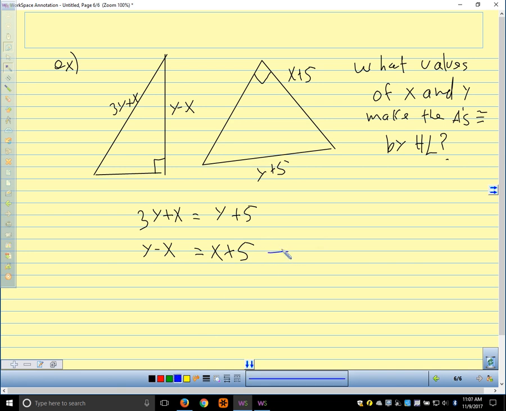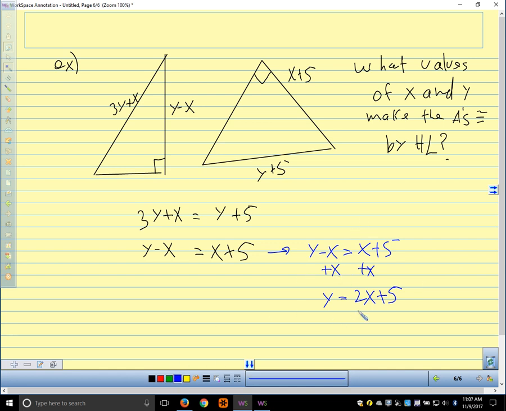So I would choose, if I were doing this one, just because there are no numbers in front of the x's and y's in this equation, I'm just going to solve this equation for y. So I have y minus x equals x plus 5. I add x, and I get y equals 2x plus 5. So solve that equation for y.